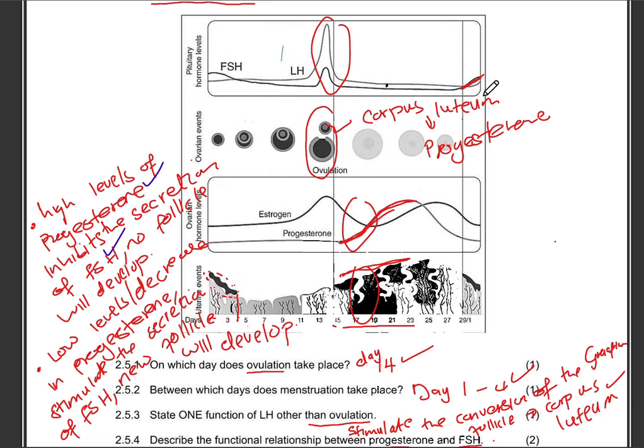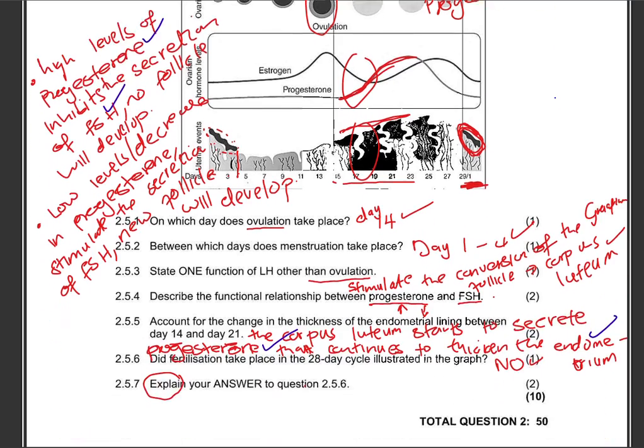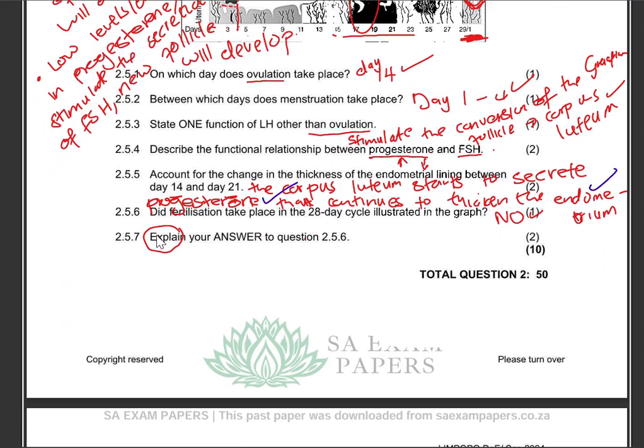The LH levels are decreasing over here. We can also talk about the endometrium breaking down. Can you see that there's a new cycle that's starting? There's a day 1 here. The endometrium is breaking down. That is basically telling us that menstruation is taking place. So easy stuff.